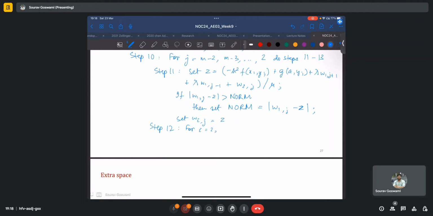Now let's say a nested loop for i within j. Minus h square f of xi comma yj plus wi minus 1 comma j plus lambda wi comma j plus 1 plus wi plus 1 comma j plus lambda wi comma j minus 1, by mu.